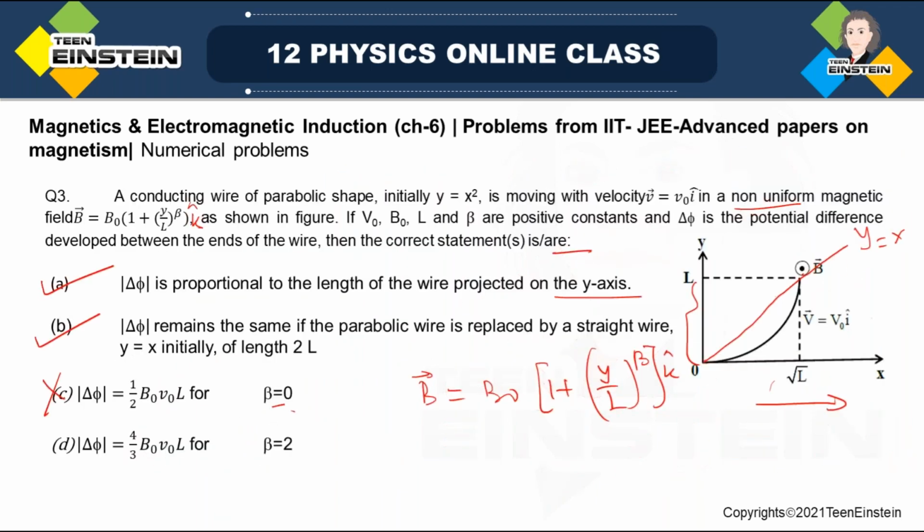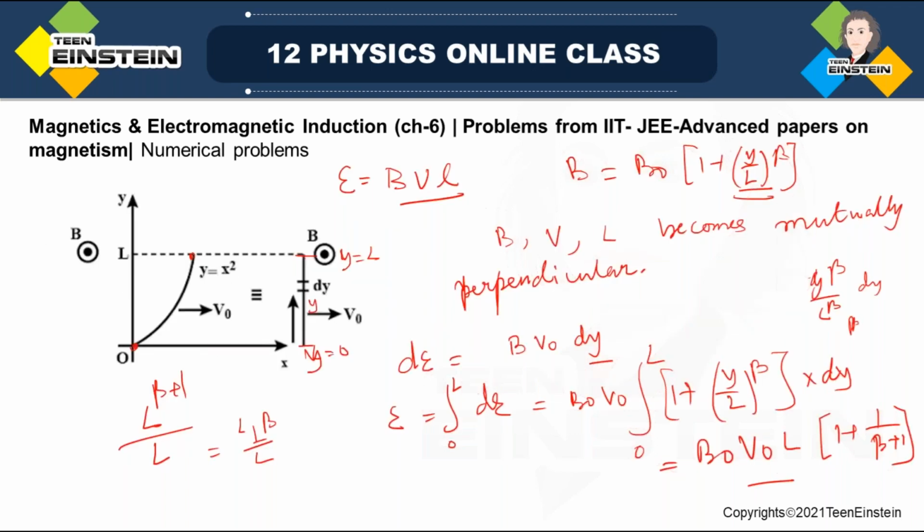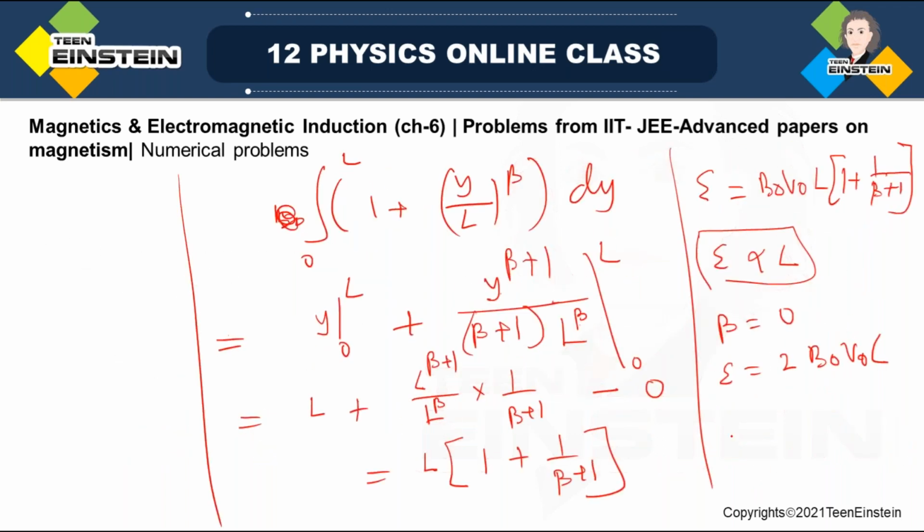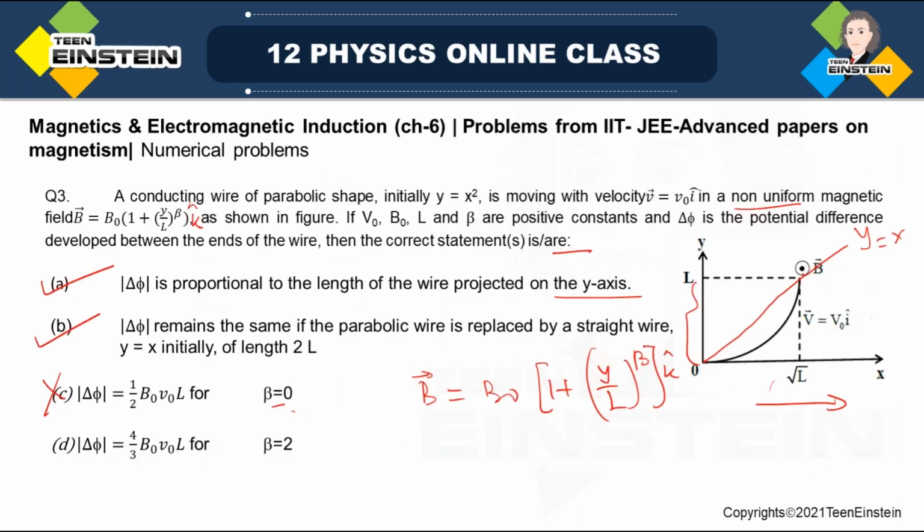Now we'll see for beta equal to 2, what is the EMF, that means change in the flux. So for beta equal to 2 we get EMF equal to B0 V0 L whole into 1 plus 1 by 3. That means it is 4 by 3 B0 V0 L. So this is also true.